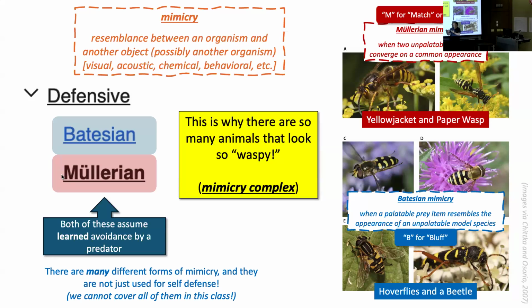That's part of the reason why we like to learn them, to make sure we can tell the difference between them. For Muellerian mimicry, a mnemonic you can use is that M is for match, or for mutualism, or for merge.